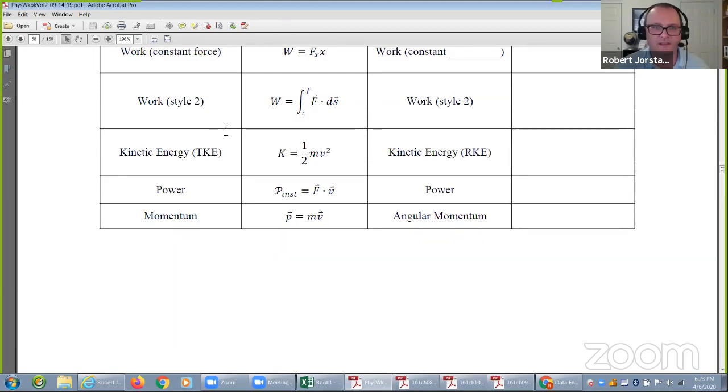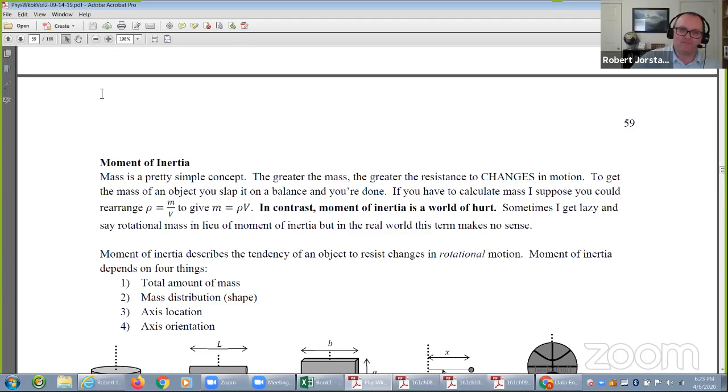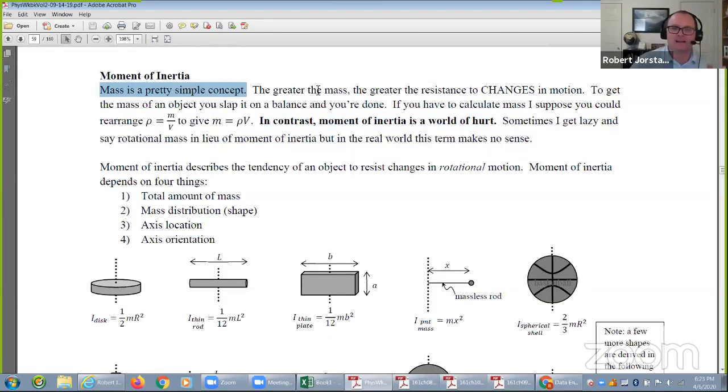Moment of inertia is a world of hurt. You can't say it any more succinctly than that, people. Yeah, mass is pretty darn simple. You put something on a balance, you got it. You have a big mass, you have a large resistance to change in motion. Think about a train. The more mass you have, the harder it is to change your motion. A train has a large mass.